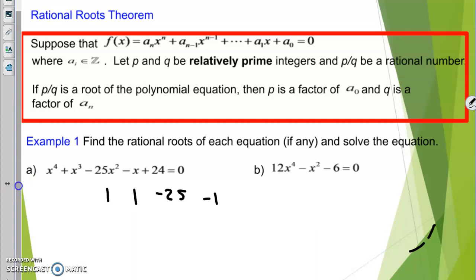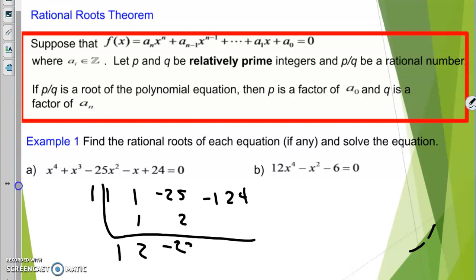And I notice that all the coefficients add up to 0, so I know that 1's got to be one of the answers. So I'm going to put in 1, multiply by 1, 2, multiply by 1, negative 23, negative 23, which gives me negative 24, which gives me a 0.